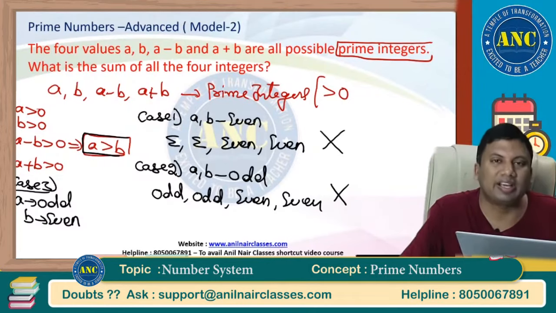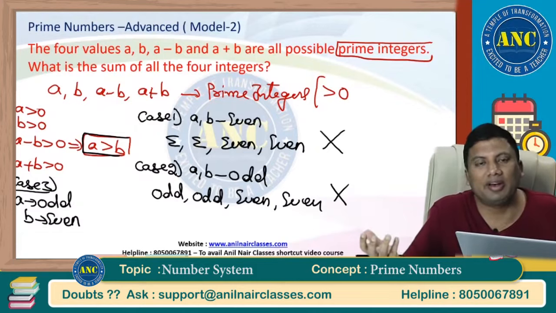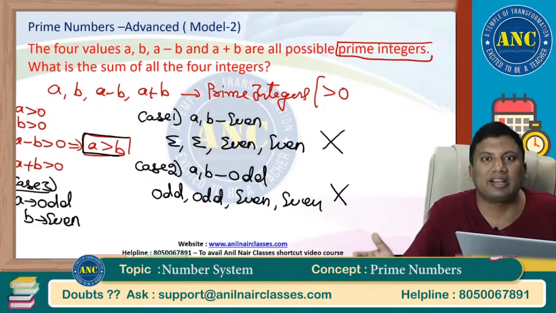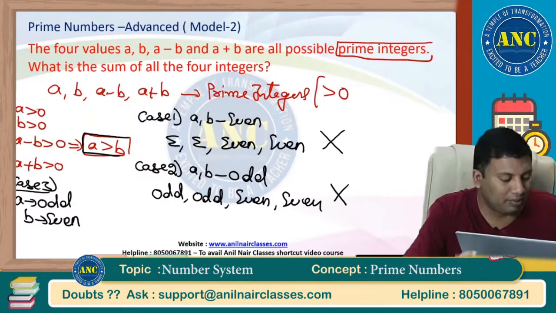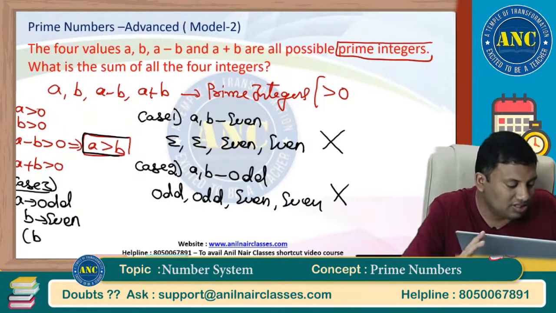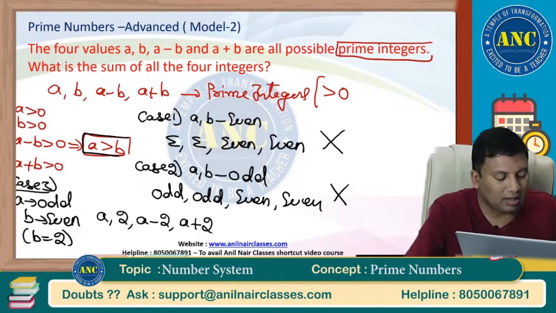You cannot take A even and B odd, because there is no even prime number greater than an odd one. After 2, only odd numbers will start in the set of prime numbers. A is odd, B is even. The only case is B is 2. A, 2, A minus 2, and A plus 2.